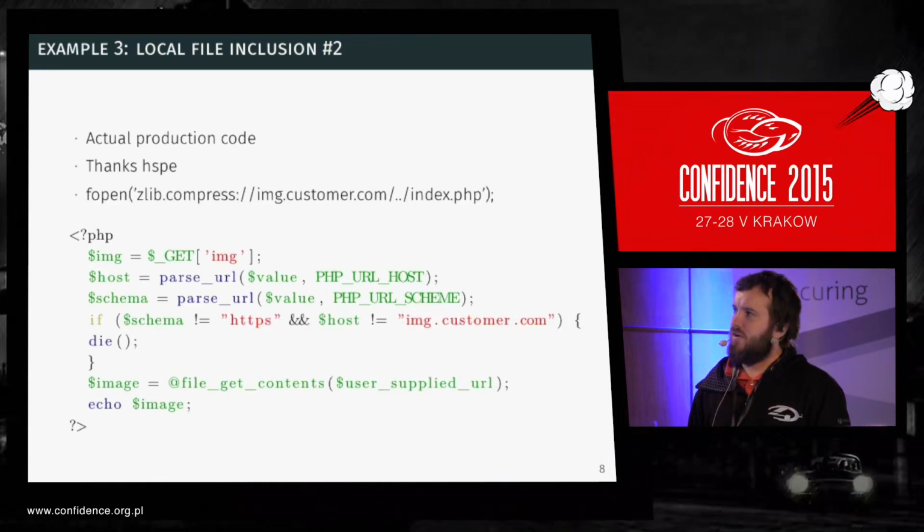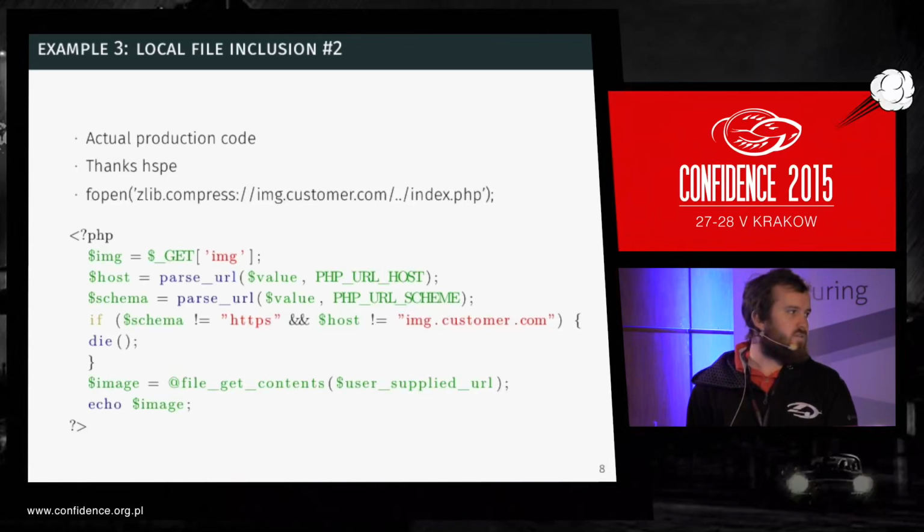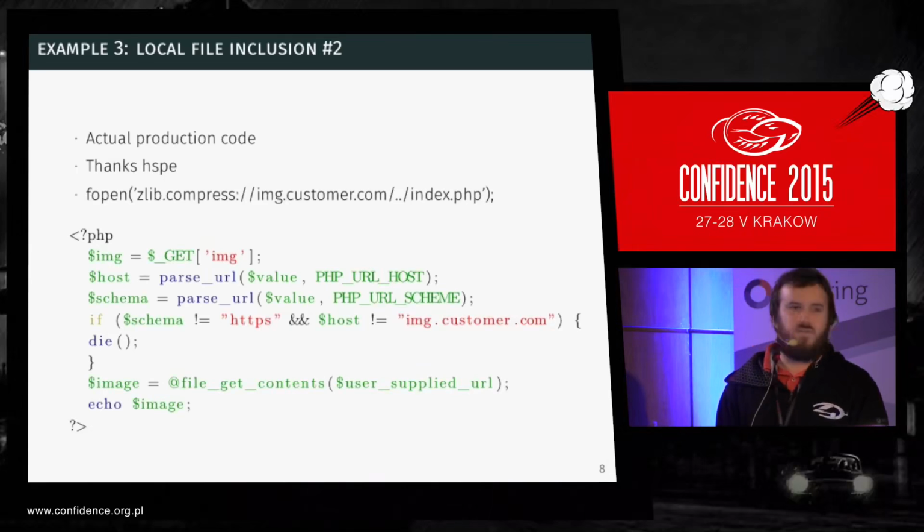It would try to open index.php as a zlib compressed file, but it's not, of course. That's not a problem because it will still read it as a regular file. So basically, we would output the index.php file. There would probably be some image header and whatever, but you could just read out the source code.